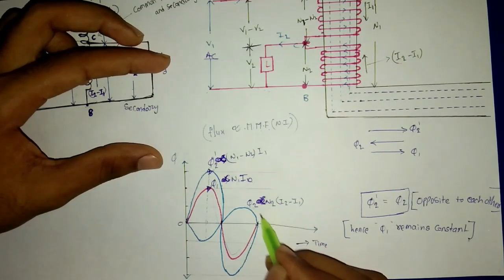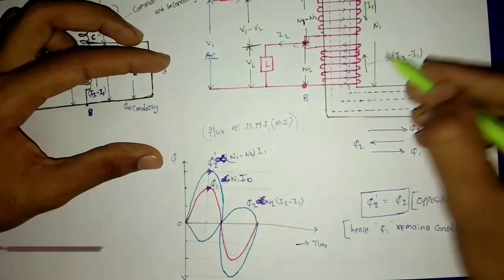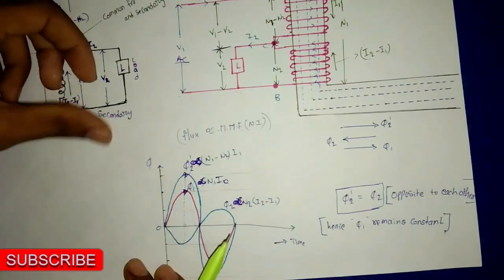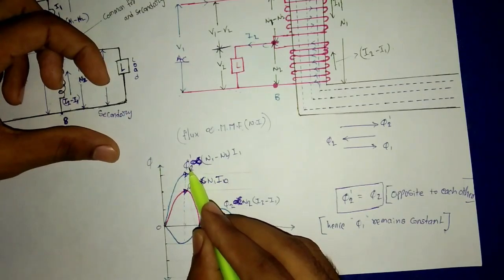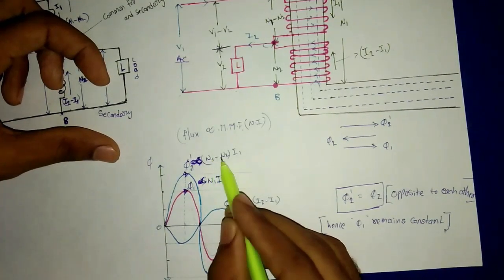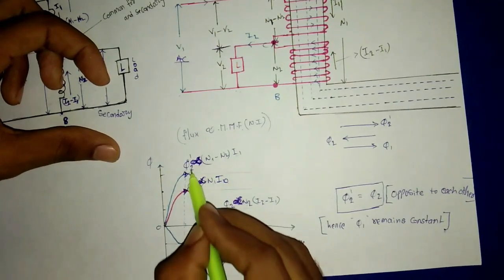N2 means secondary turns. I2 minus I1 means the current flowing from B to C. The increased current in the primary winding produces flux Phi2 dash, directly proportional to N1 minus N2 into I1. Here Phi2 is equal to Phi2 dash.